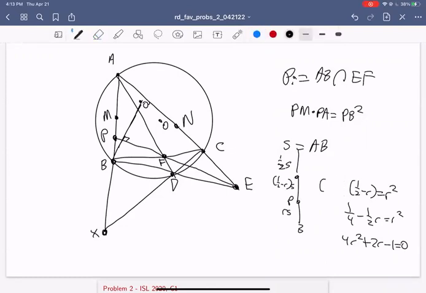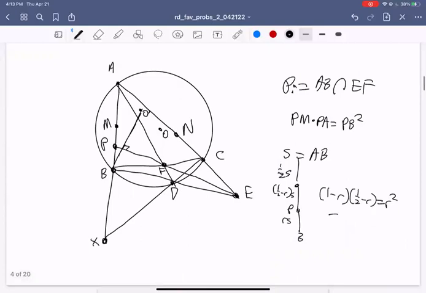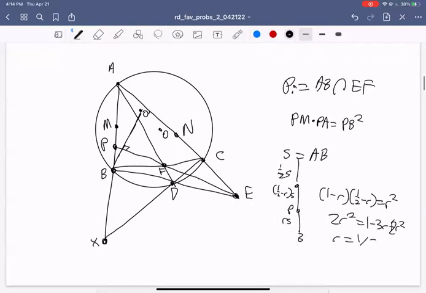So this should be 1 minus R. And then 2R squared is equal to 1 minus 3R plus R squared, plus 2R squared. And then we just have R is equal to 1/3. And now we know the location of P with respect to A and B.